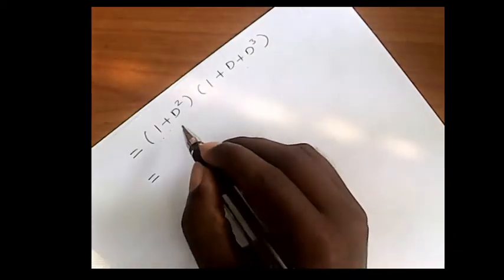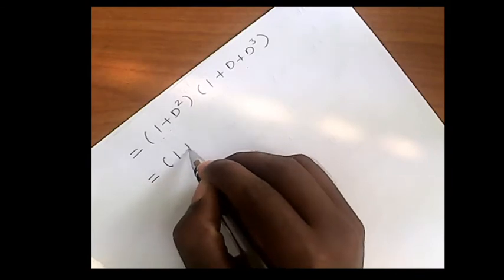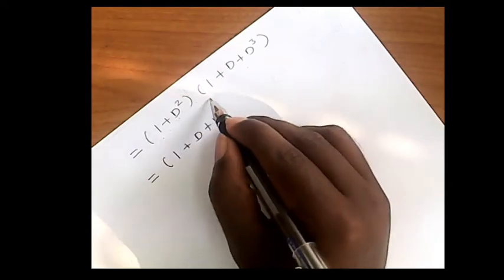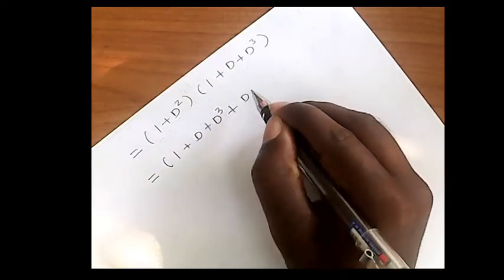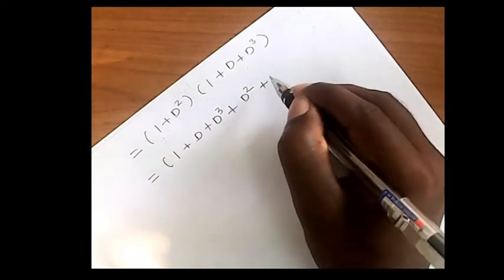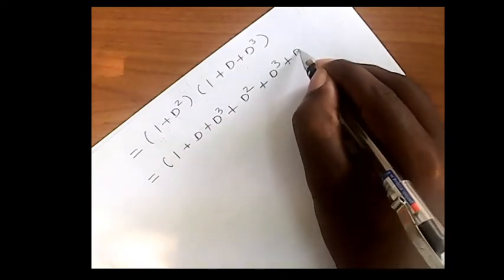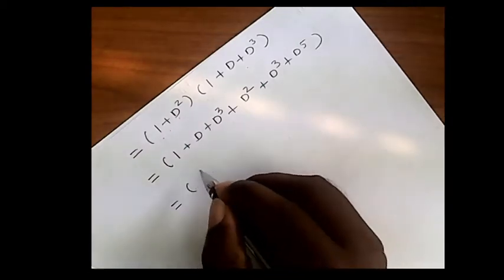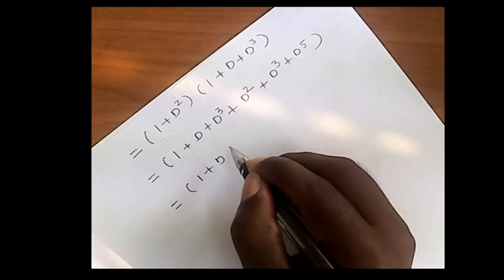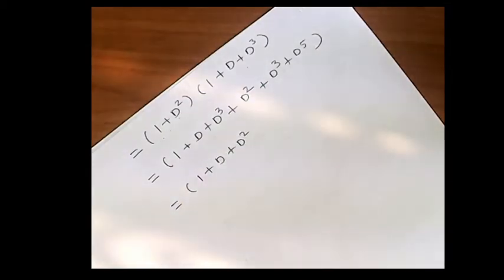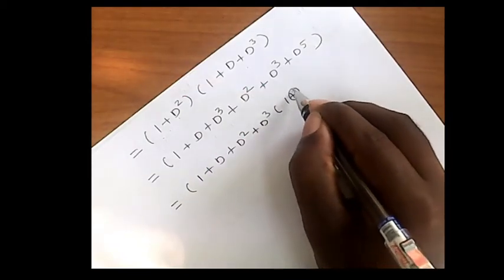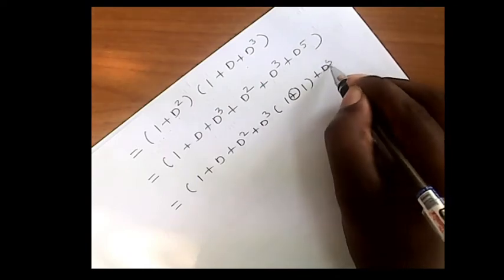So we get 1 times (1 + D + D^3), and then D^2 times the bracket gives D^2 + D^3 + D^5. Now take the common elements: 1 + D + D^2, then D^3 is common, so 1 + 1, then D^5.